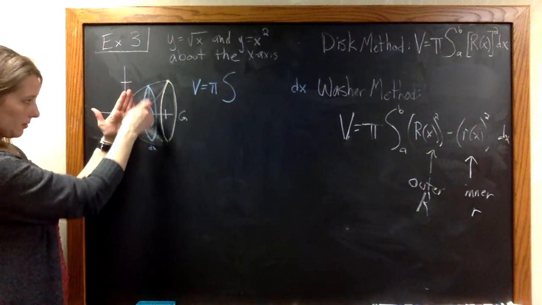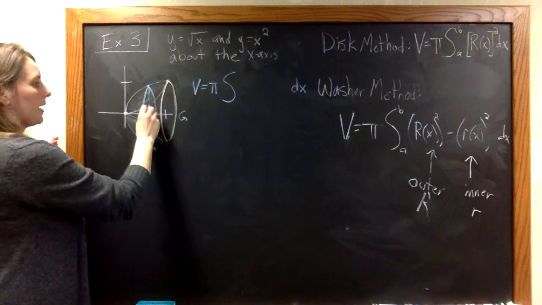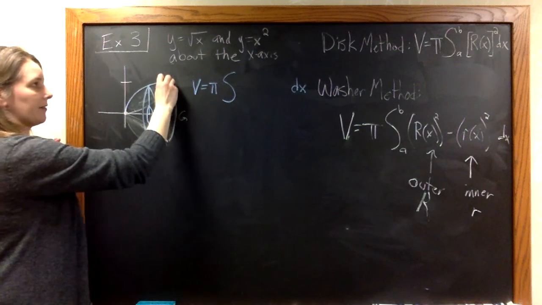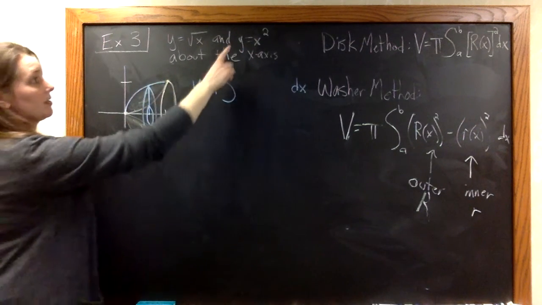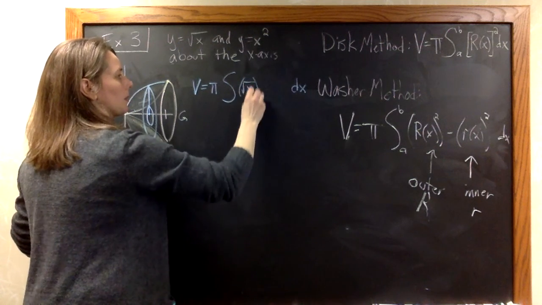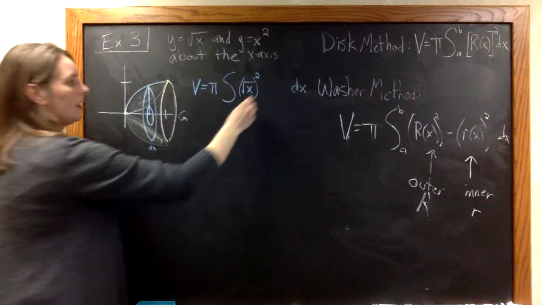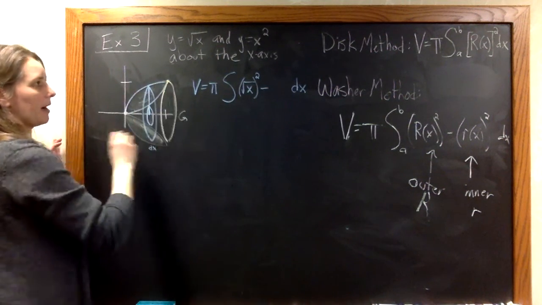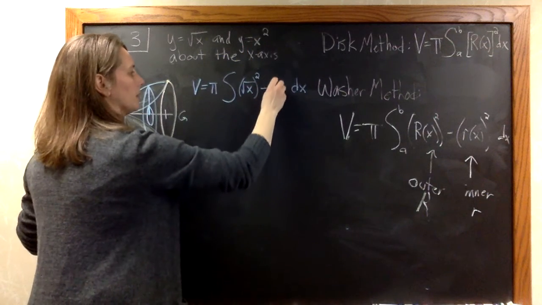Remember, they're washers because there's that hole inside of them. So the outer radius is defined by this function. That is the square root function. So our outer radius is the square root function squared, minus our inner radius here is defined by the parabola, which is x squared.